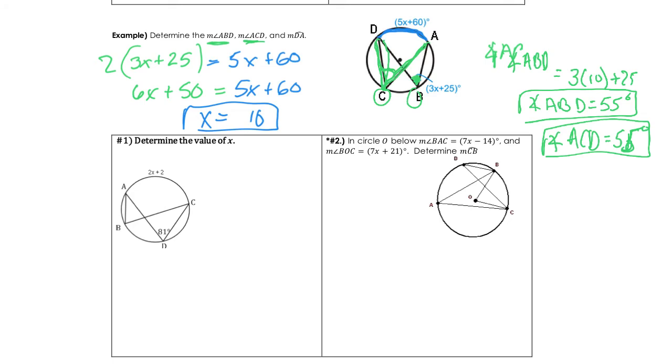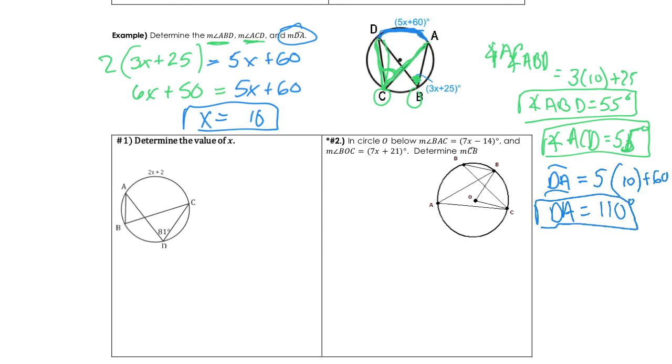And the last thing I would have to find is arc DA. Well, DA, the arc, D to A, that arc is 5 times x, which is 10, plus 60. So DA, 50 plus 60 is 110.